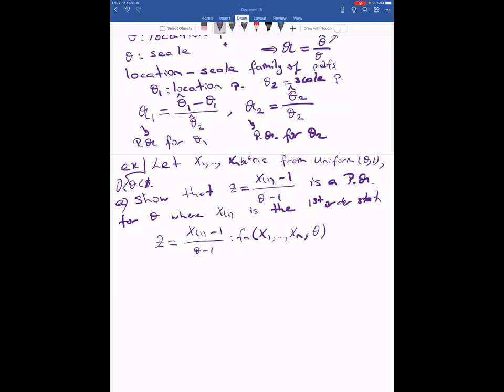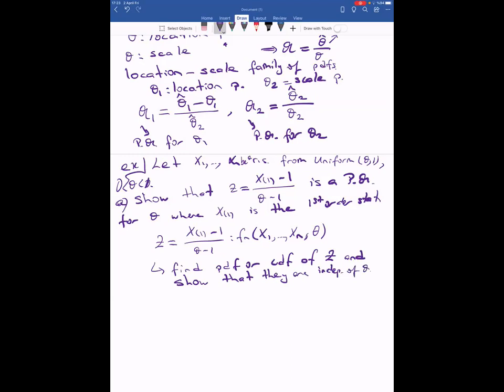Then the third, most important one must also be satisfied: when we look at the CDF or PDF of Z, it should be independent of theta. So find the PDF or CDF of Z and show that they are independent of theta.